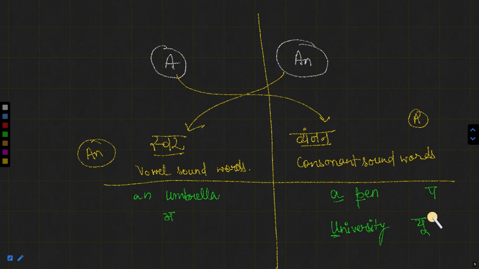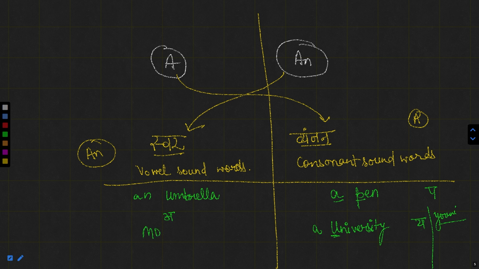So you should say a university. It is beginning with a Y sound, or a ya sound, of vyanjan. That is why we'll write a before it, though it is beginning with letter U, which is a vowel, but it has a consonant sound. Therefore, we'll use a before it.